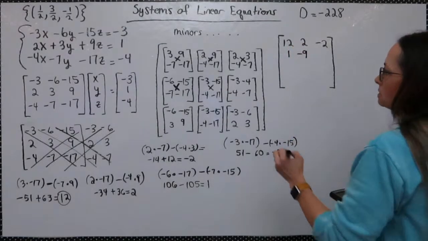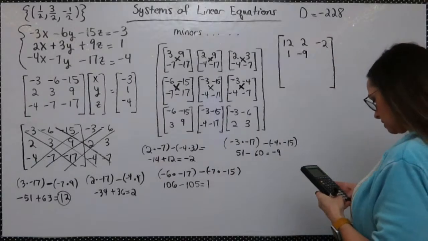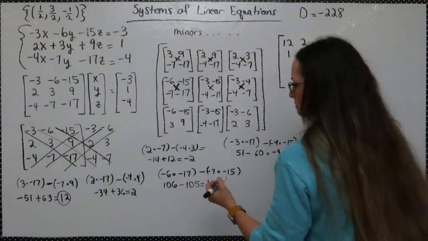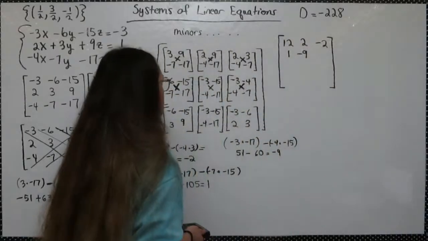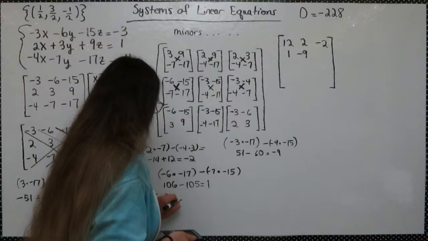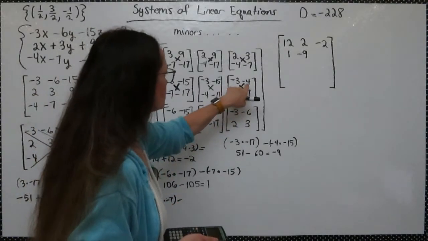Okay, so now we have this one. -3 times -7 is 21. So wait, -3 times -7 plus, minus -4 times -4.